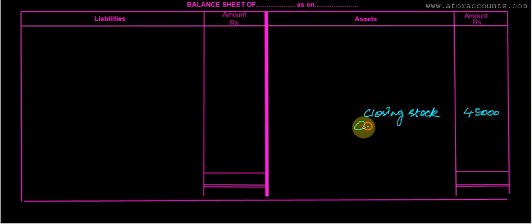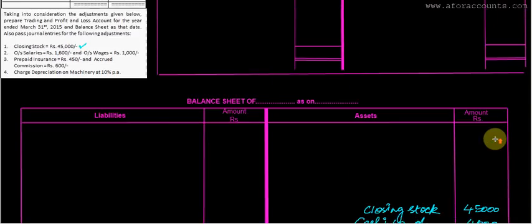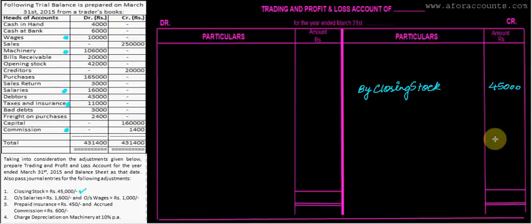So cash in hand, cash at bank. These are my assets. Cash in hand 4,000, cash at bank 6,000. Okay, without any adjustment I have easily put them.